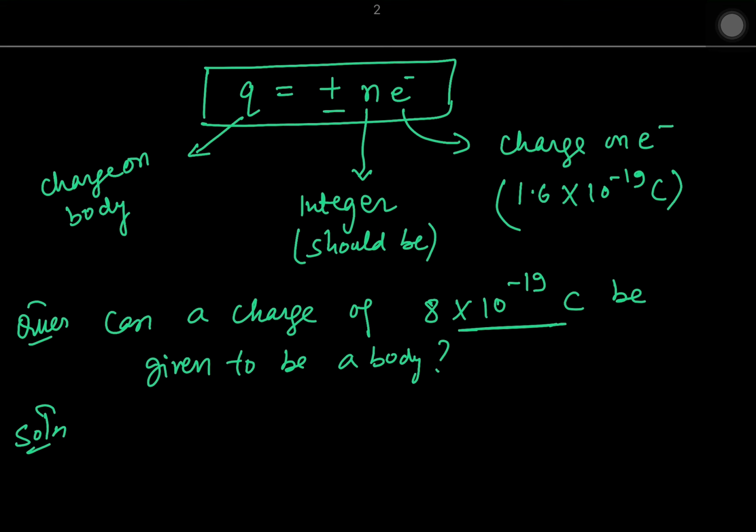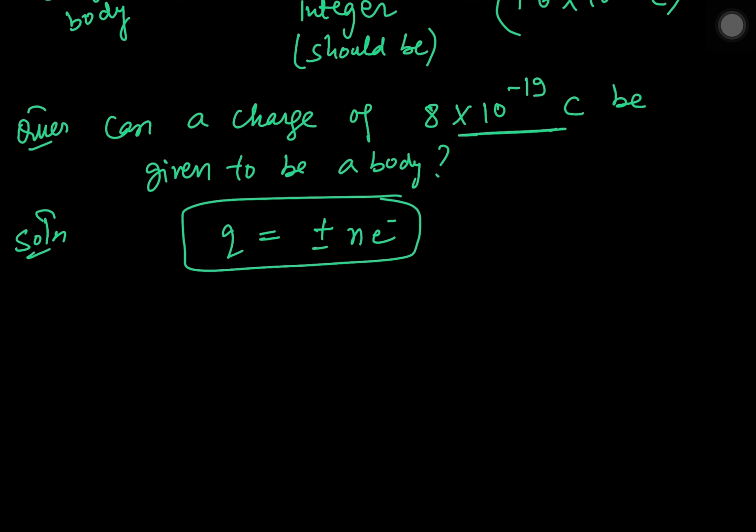So we know that the expression for the quantization rule shows Q is equal to positive, negative n times the charge on an electron. The charge which we have been given is Q, 8 into 10 to the power minus 19 coulomb. We know the charge on one electron is 1.6 into 10 to the power minus 19 coulomb.